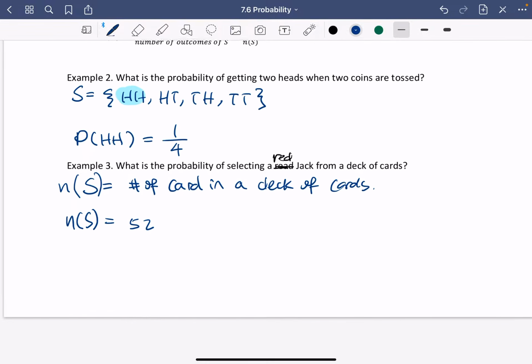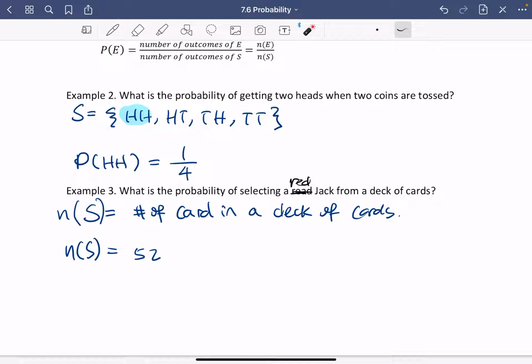Okay, now the question is, what's the probability that you can select a red jack randomly from this deck? Well, how many red jacks do we have? We have 2 red jacks. One is the heart, and the other one is the diamond, right?